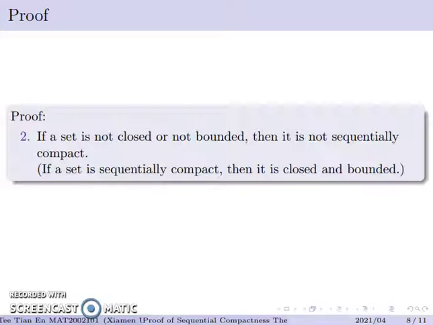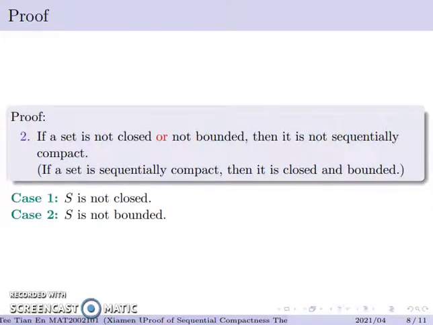We have to take note that because we take the contrapositive, we have to change closed and bounded to not closed or not bounded. So in this direction, we have to prove two cases. One is the set is not closed, and the other is the set is not bounded. Then we can say that it is not sequentially compact. These two cases, we will prove one by one.